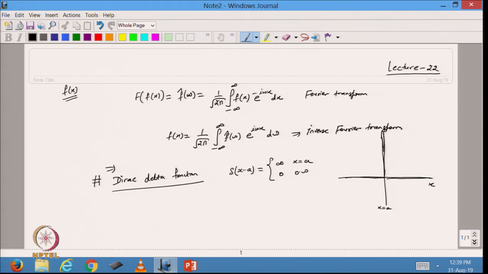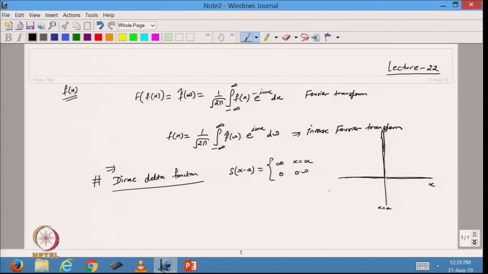Because if I want to take the Fourier transform of this function, it should satisfy the condition. So, let us check whether it is satisfying the condition or not. The first one is that the function is piecewise continuous in the interval. This function is 0 except at one point. Second, whether the function is absolutely integrable. From the theory of the Dirac delta function, if I take the integration from minus infinity to infinity of the Dirac delta function, then its value is 1.